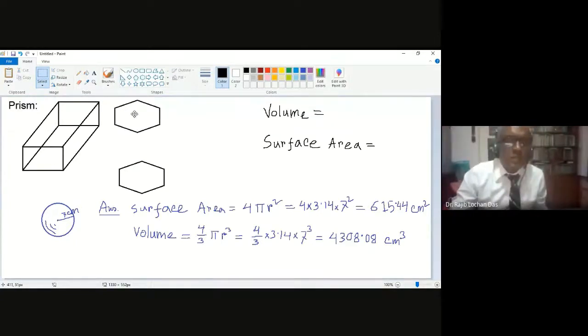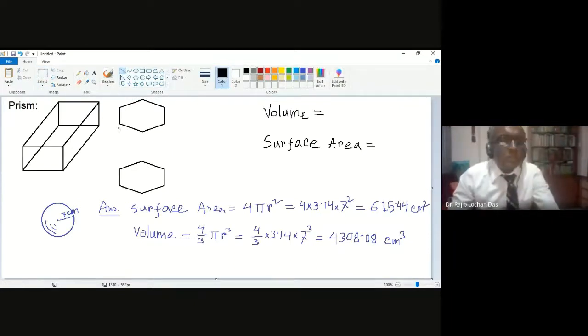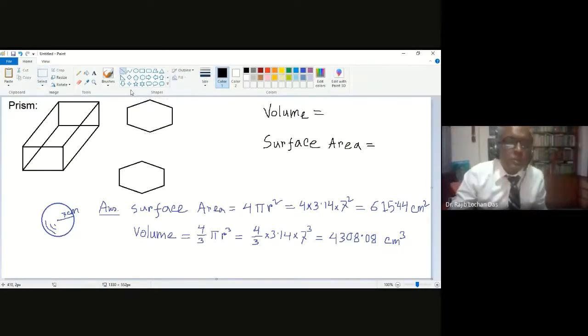Then you join the lines. Okay, so let me join the lines. These are the corners I am joining.